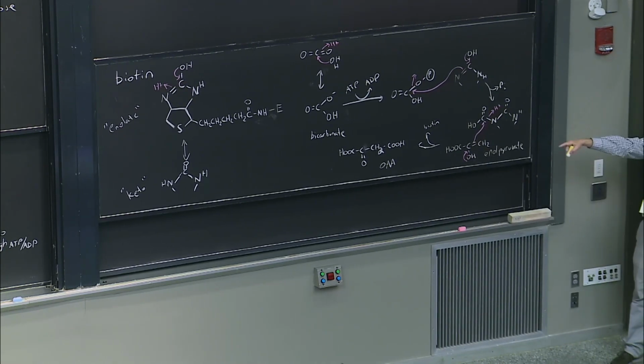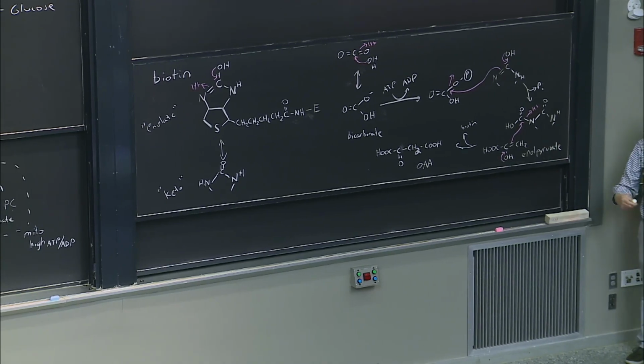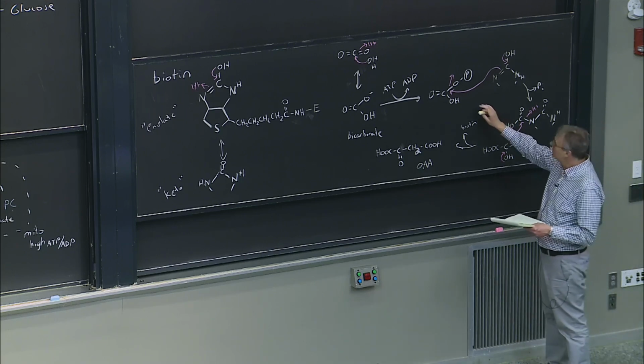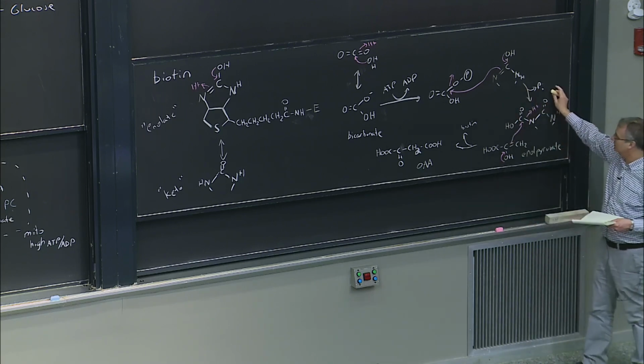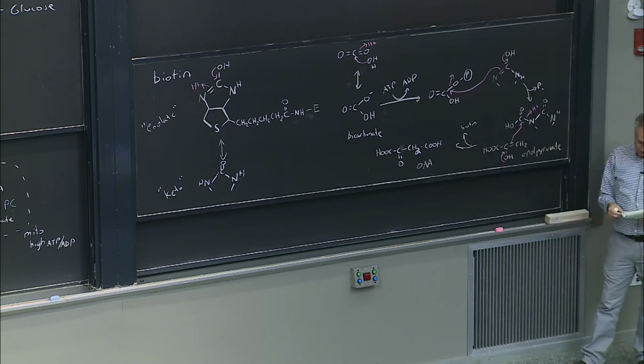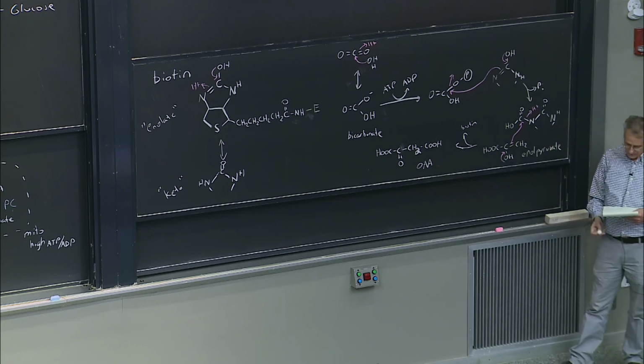It'll be the keto form, which can then get back to the enol form, and it's ready to do another catalytic cycle. And so basically, pyruvate carboxylase uses ATP to produce this carboxylated biotin, and then uses that to add the CO2 to pyruvate to generate oxaloacetic acid.